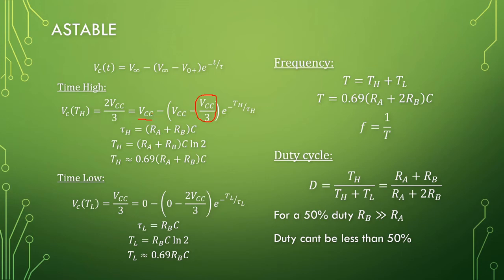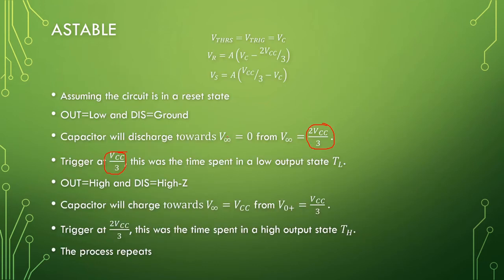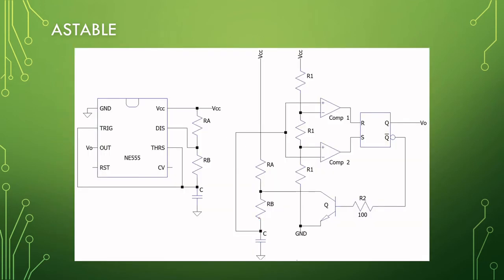And if we are charging towards VCC, our time constant is RA plus RB and C. Okay, because this capacitor is charging with both of these resistors in series, and this is high impedance, so we don't really care what is at this transistor here, and the inputs of these comparators are also infinite.